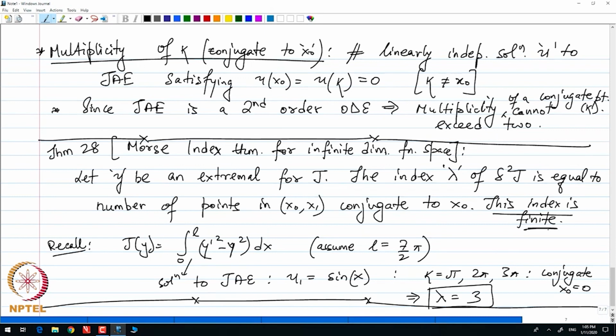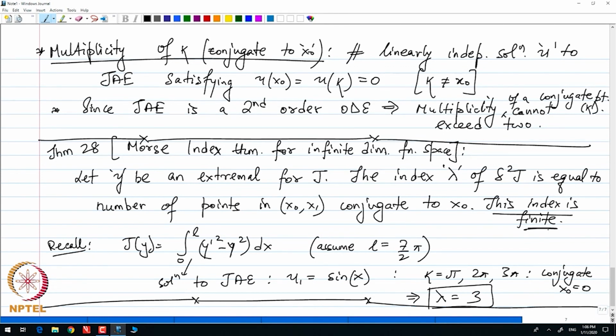Then I am going to talk about a specific class of functionals. This is the last topic on the theory of calculus of variations, namely the case where the integrands in the functional are convex. We will see that the extremals that we get for this class of functionals are local minima or minima.